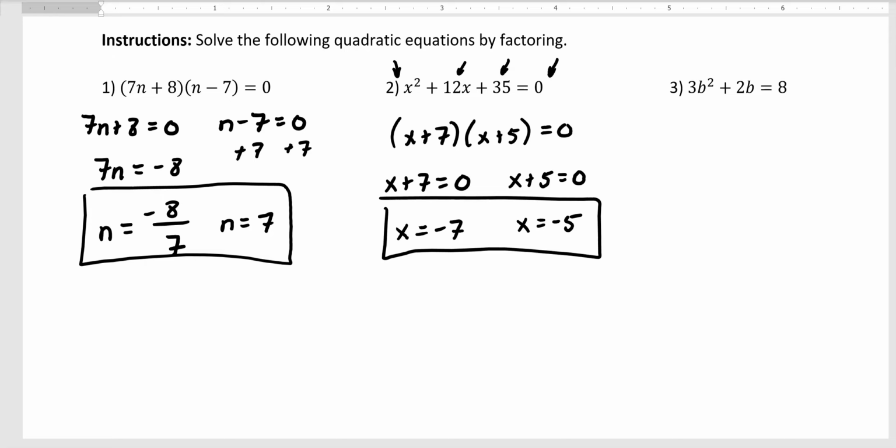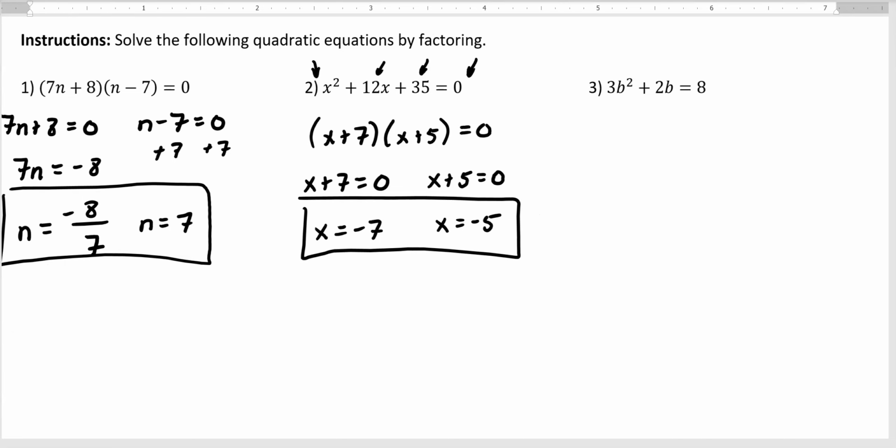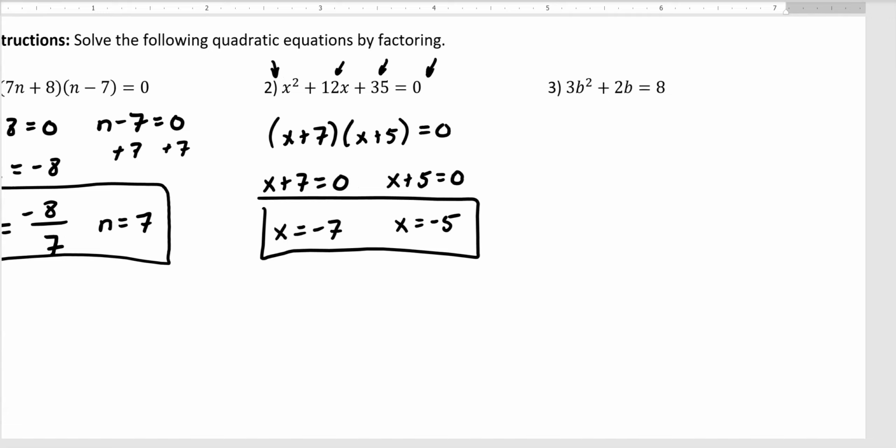There we go. Now looking at number 3, 3b squared plus 2b equals 8, notice this one's not set equal to 0. That's always our first step, so I subtract 8 from both sides. I'll say 3b squared plus 2b minus 8 equals 0, and this is what I factor. Since a is not 1, I multiply 3 times negative 8, which gives me negative 24.